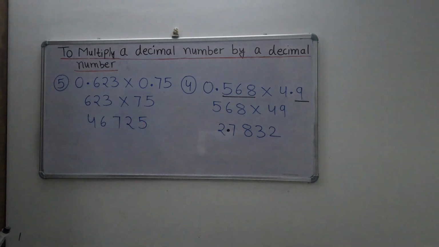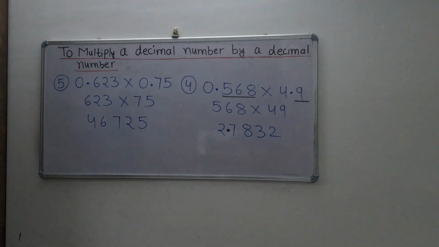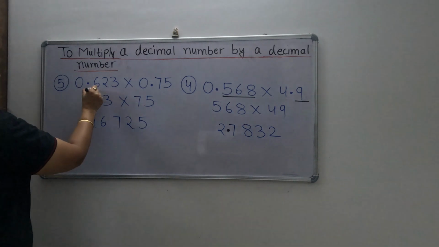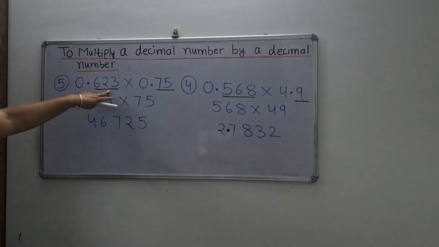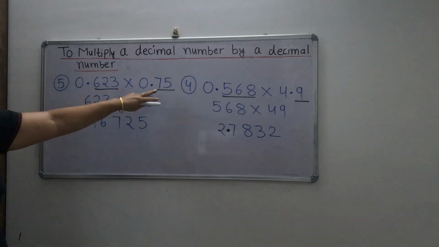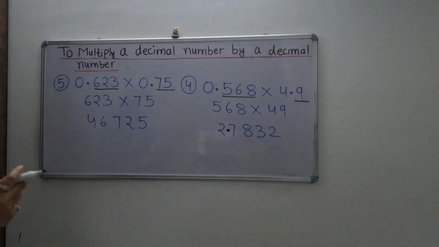When we get the product of the two numbers, then you will find the decimal places. So count the decimal places in each decimal number, which is 5. 3 from the first decimal number, 2 from the second decimal number. Now you will add them.